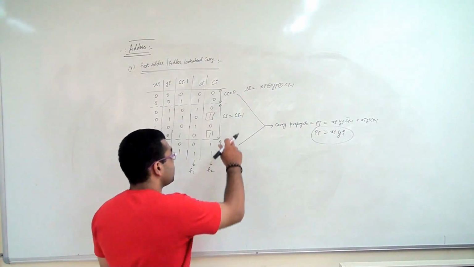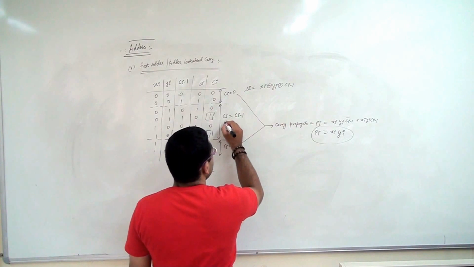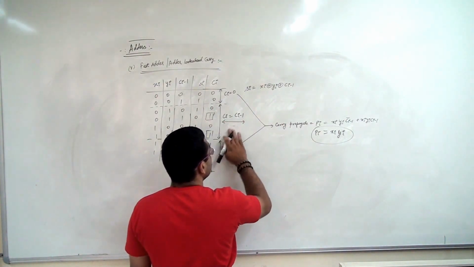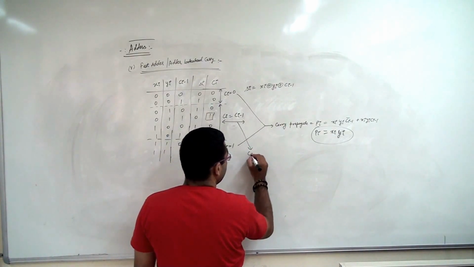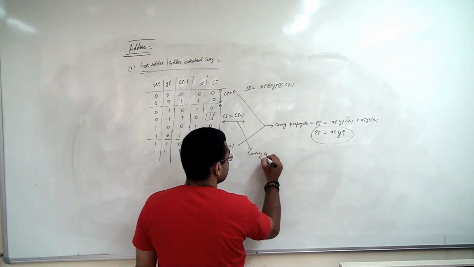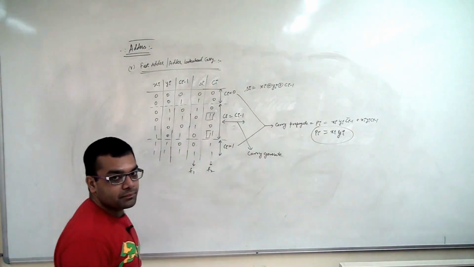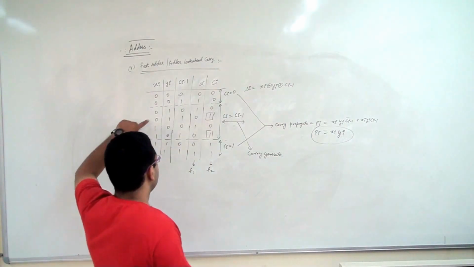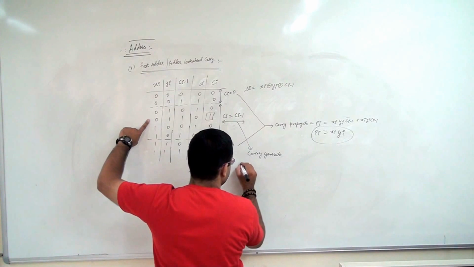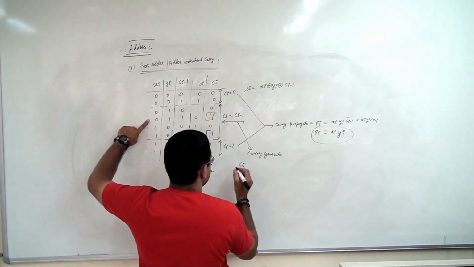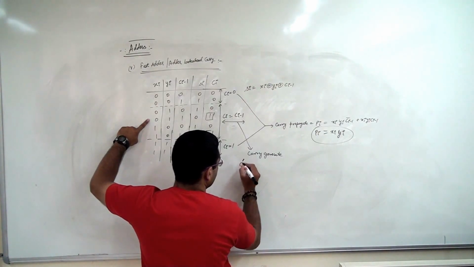Alright, so what is the condition over here? This I will call the generation stage, or carry generate. So you can see 1 over here, so I get the function for, in this case, Ci prime, I will call it.